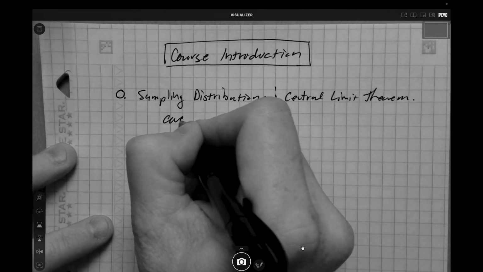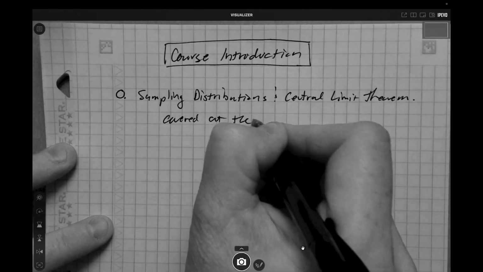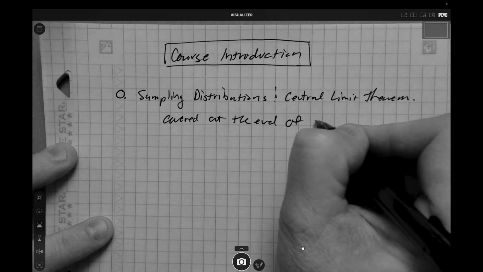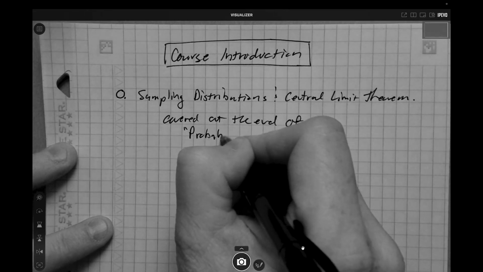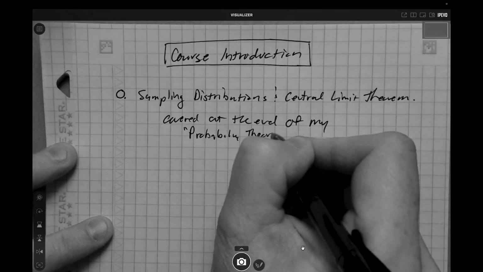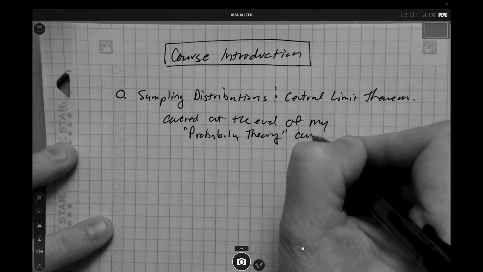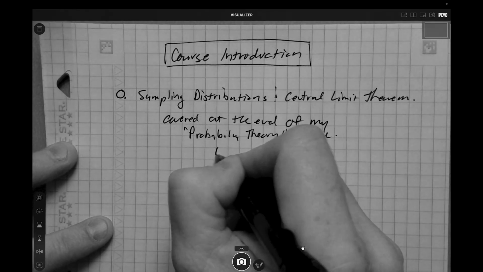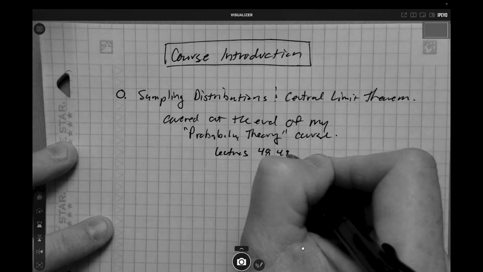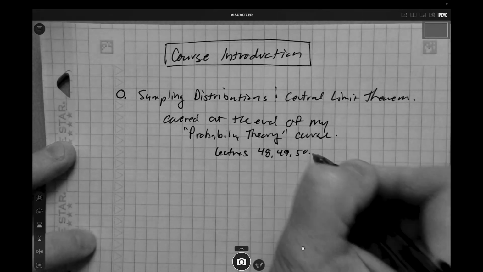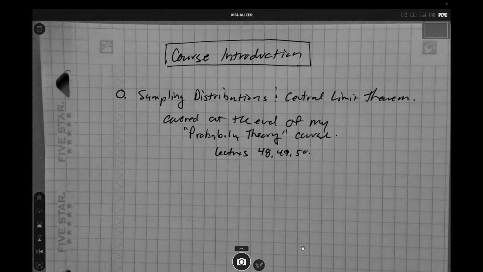It is covered at the end of my probability theory course, and that's going to be lectures 48, 49, and 50.